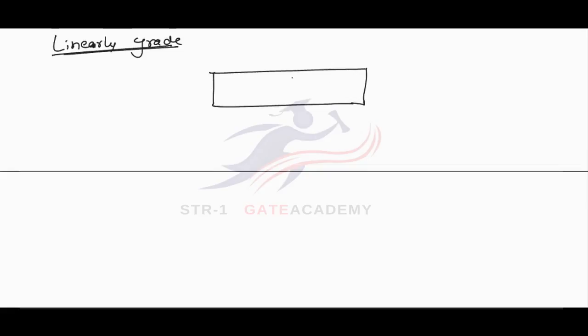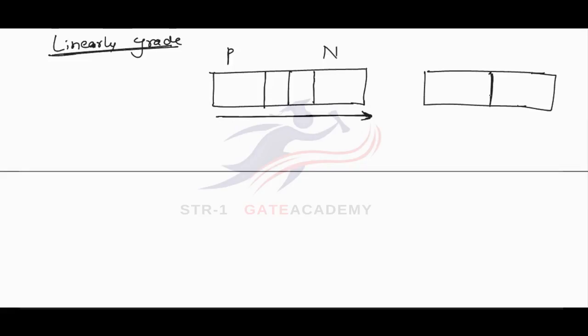Now linearly graded diode. In linearly graded diode, the doping in the diode varies linearly as we move from one side to other side, and in step graded PN junction there is sharp change in doping because this region was highly doped and this region was lightly doped.